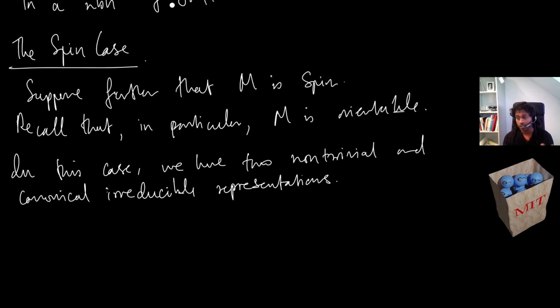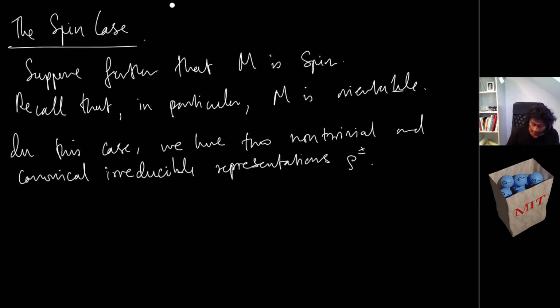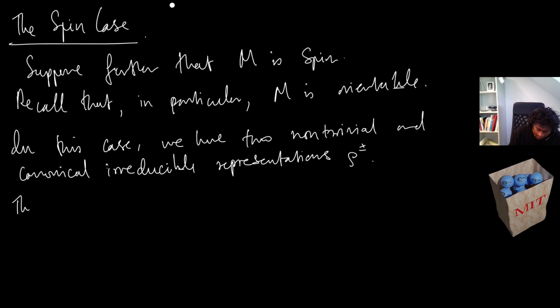You have a spin structure, and then you have to do a matching game in the Čech cohomology to know that this bundle is well defined. But let's not get into that. We'll just take it for granted, so we'll call them rho plus minus. Then in particular, the spin bundle splits into two bundles. We have the positive spinors and the negative spinors.